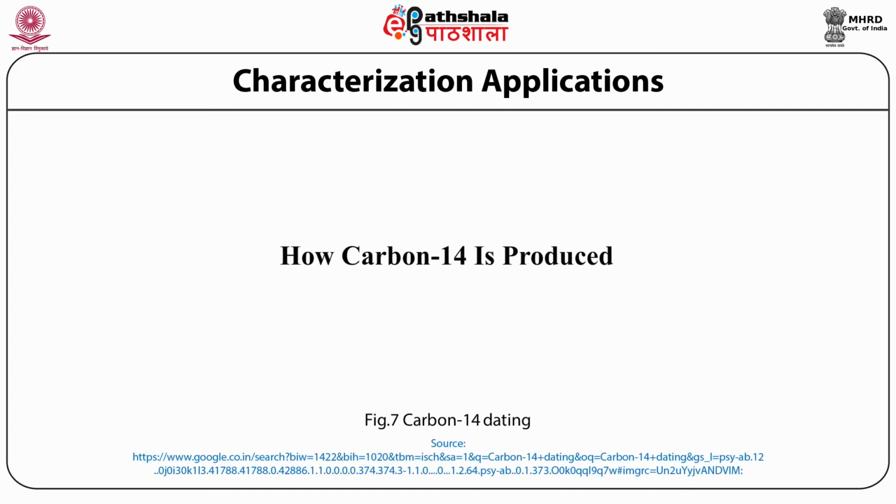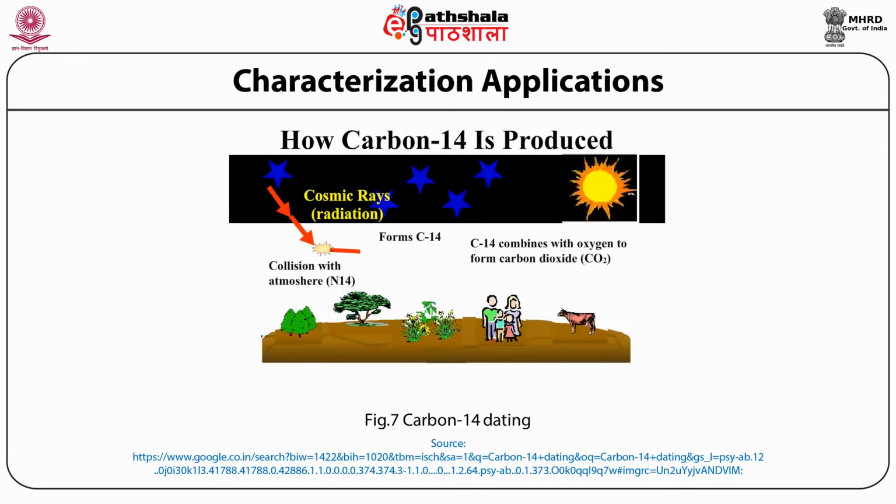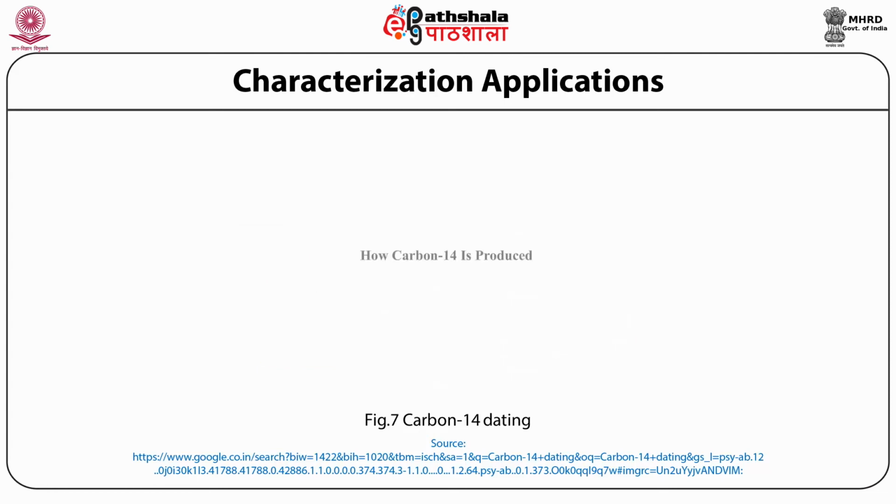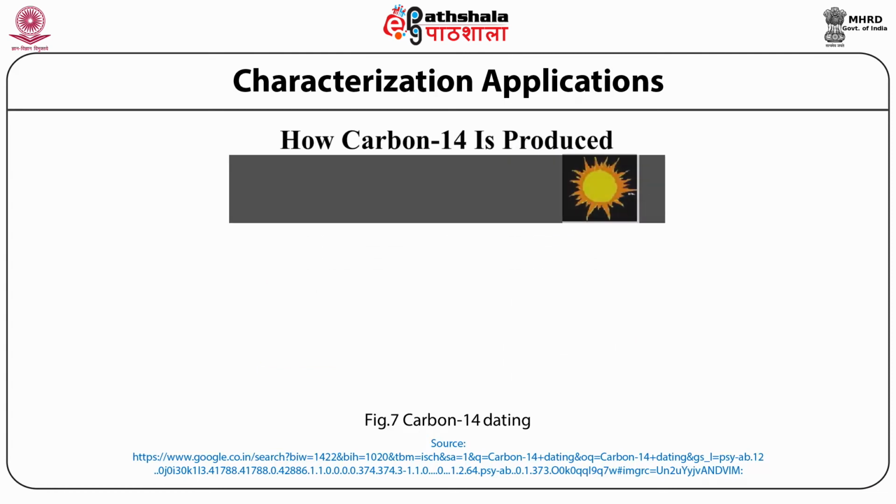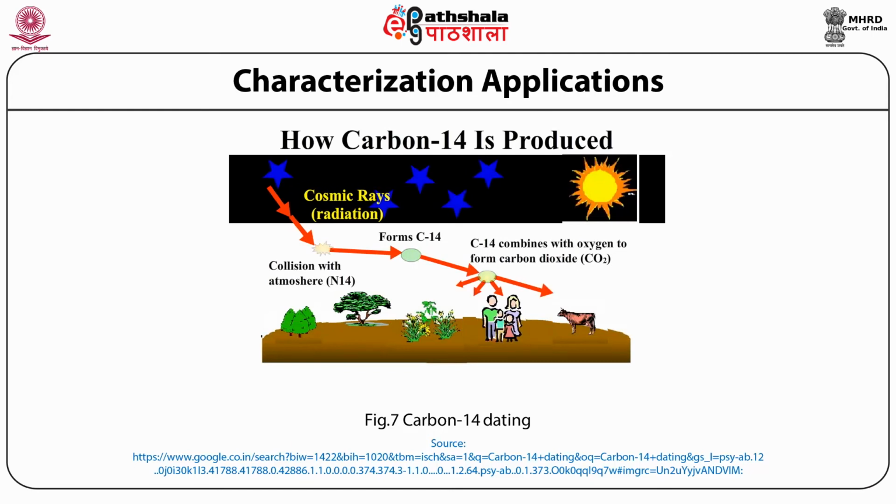As shown in figure 7, carbon-14 dating experiment, here it is shown clearly how carbon-14 is produced. Cosmic rays collide with the atmosphere, forming C14, which combines with oxygen to form carbon dioxide gas.